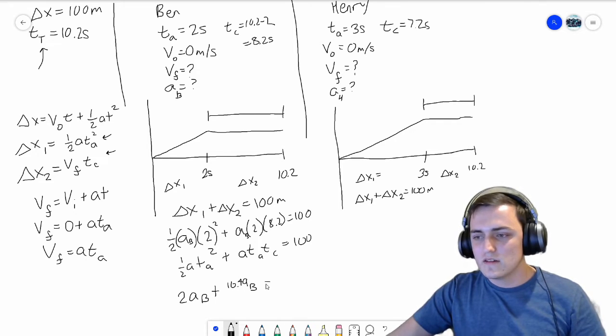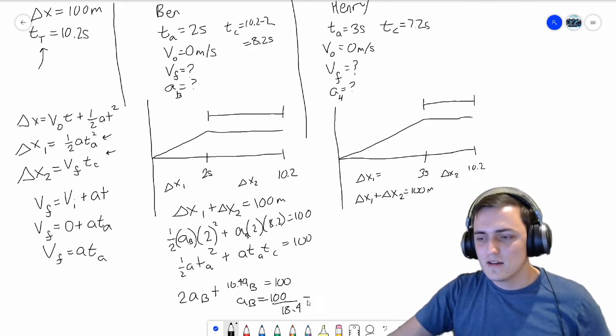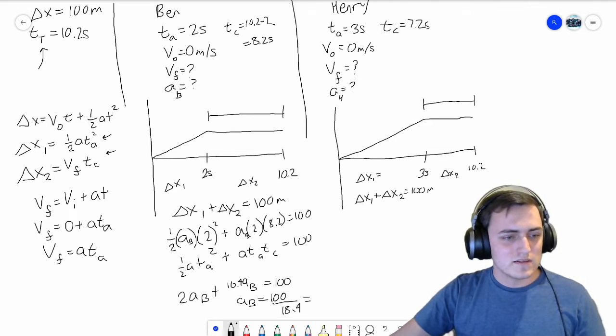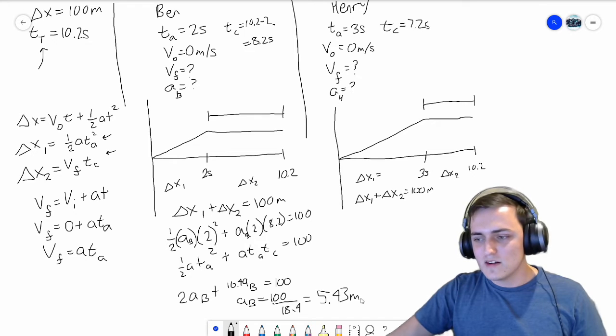AB equals 100. You end up with AB equals 100 divided by 18.4. These two are like terms and their coefficients can be combined. Find the acceleration of Ben to be 5.43 meters per second squared.